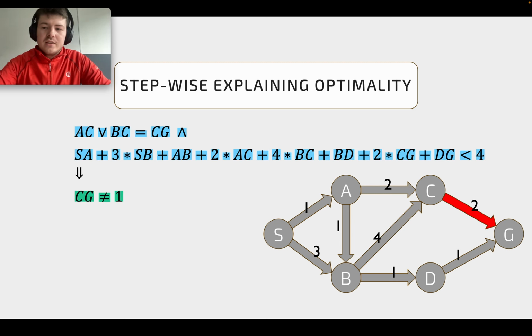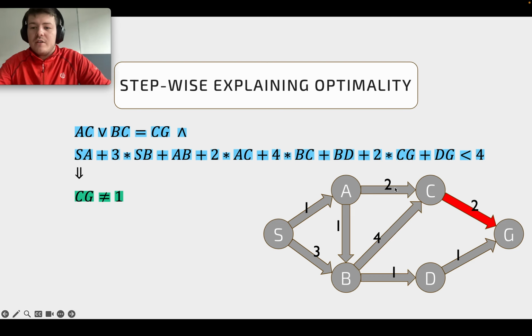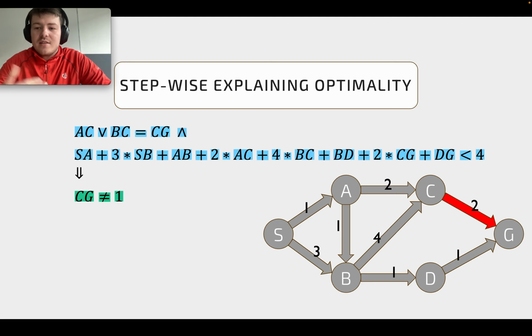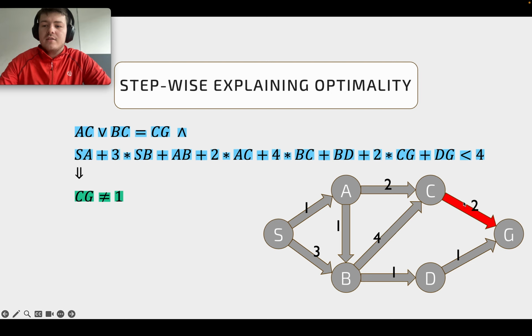So let's start. By using the constraint that we should have a total weight of less than 4, and the fact that if we leave C, we should also enter C at some point, so we should use one of these two edges, then we can derive that this will always exceed the total allowed weight of our path, so this edge can never be taken.